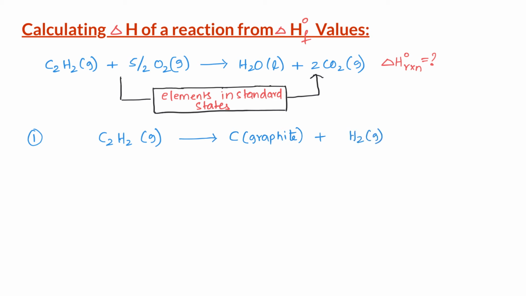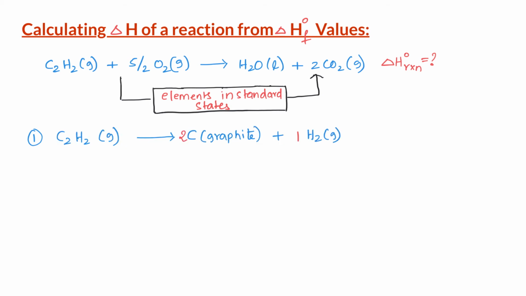If we balance this, I'll get 2 carbons graphite on the product side and 1 H2 molecule. This reaction is exactly opposite of the formation reaction for C2H2. Therefore, the delta H of this reaction would be equal to negative delta H0 F for C2H2 gas.